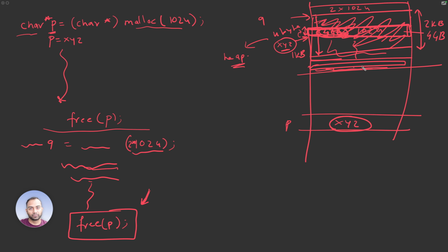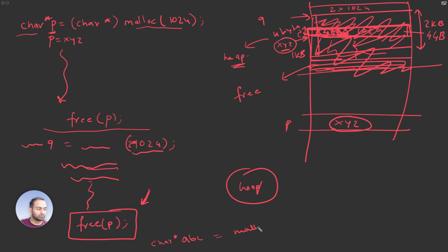Now there is a problem. And the problem is that all of this memory region would be considered free by the memory allocator. Next time somebody asks for an allocation, let's say there was a pointer ABC, which was like, hey malloc, give me 4 KB, and of course typecast here to char star.